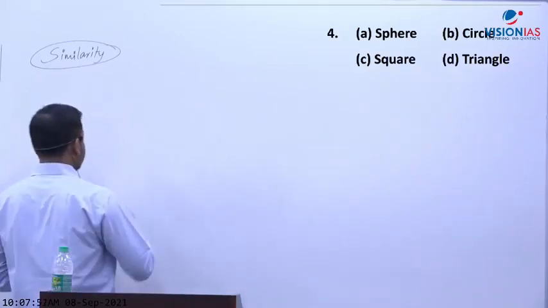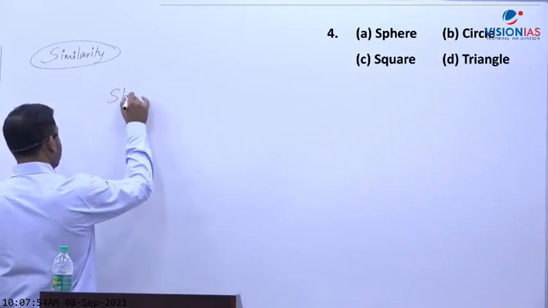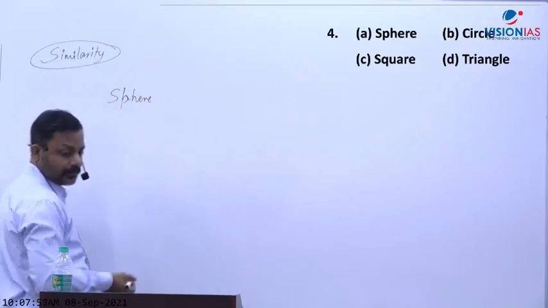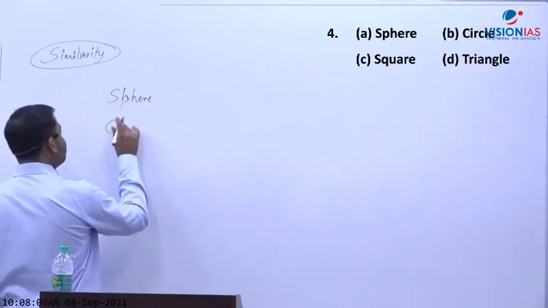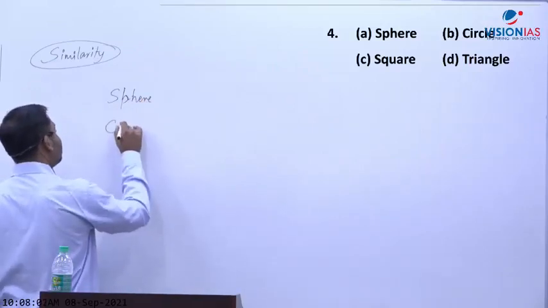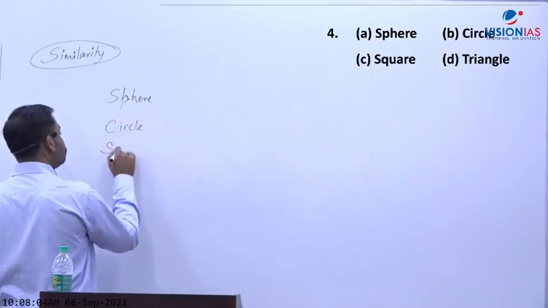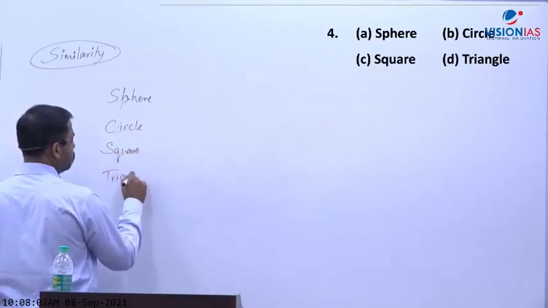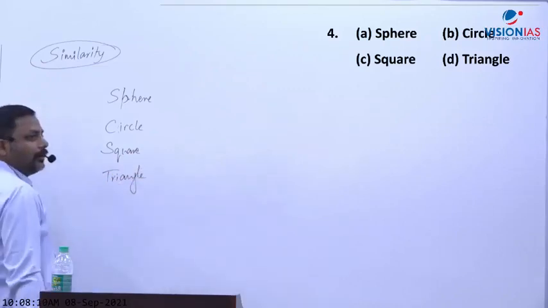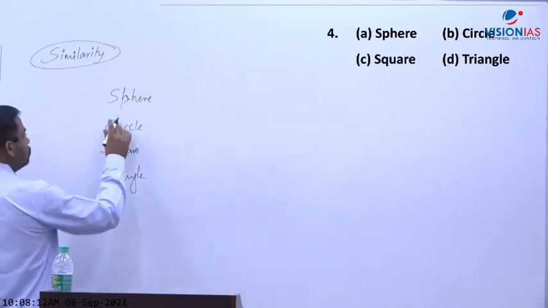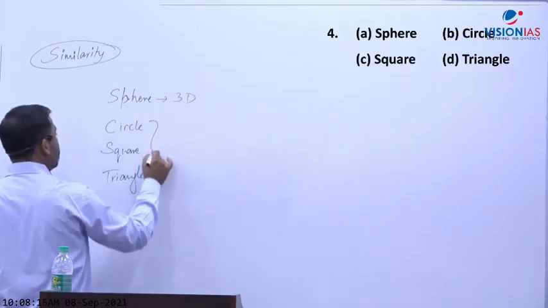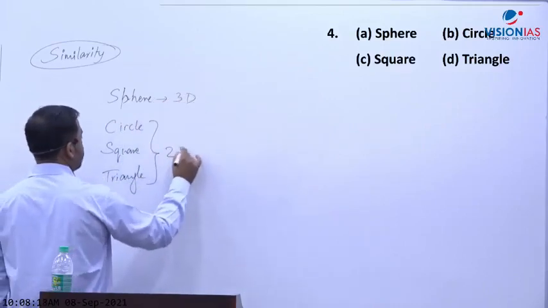So in the fourth question, we are getting sphere, circle, square and triangle. Sphere is a three-dimensional figure and these three are two-dimensional figures.